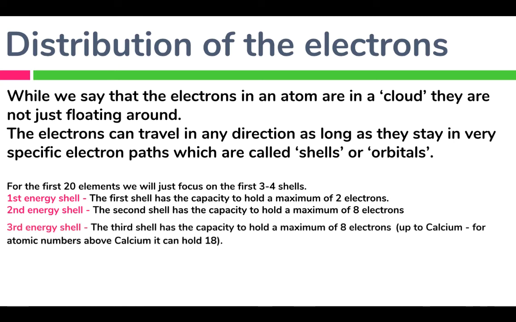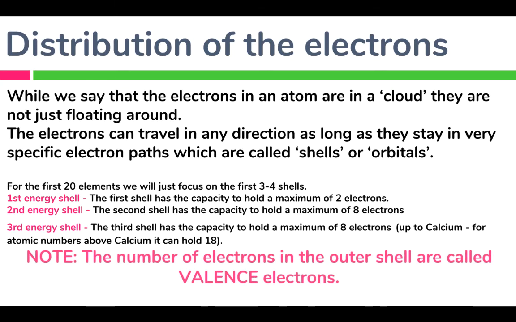And the third energy shell, also we consider it to hold 8 electrons, because that takes us up to calcium. For all the atomic numbers above calcium, it can hold up to 18 electrons. We give these outer shell of electrons a special name called the valence electrons. That's going to come in useful when we start looking at forming compounds.